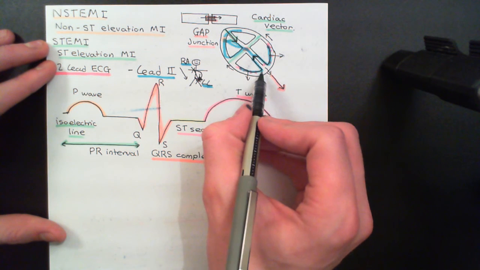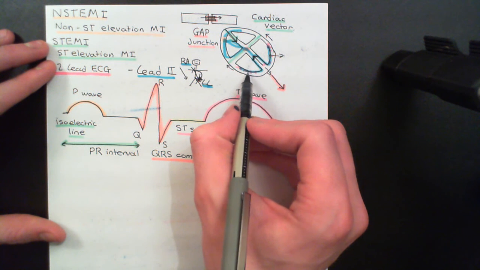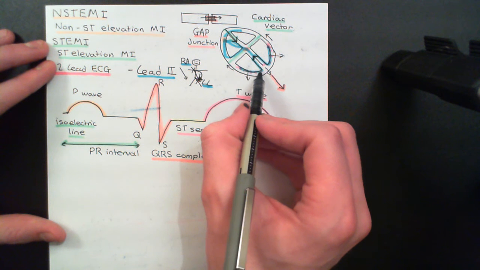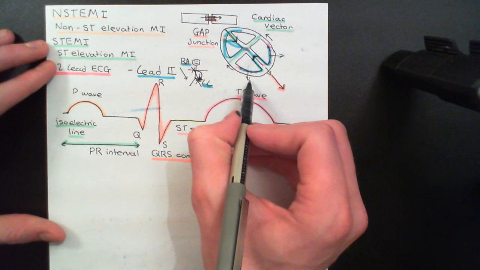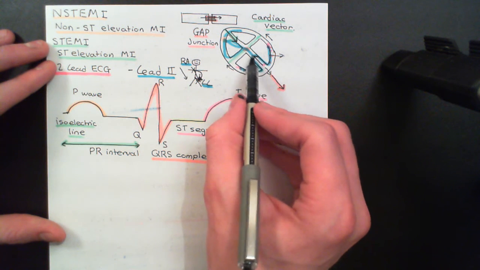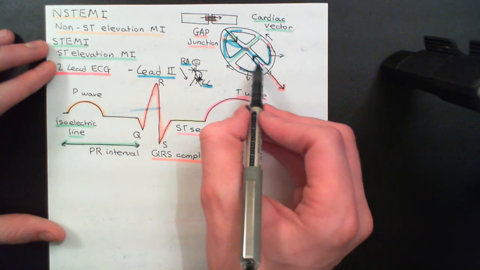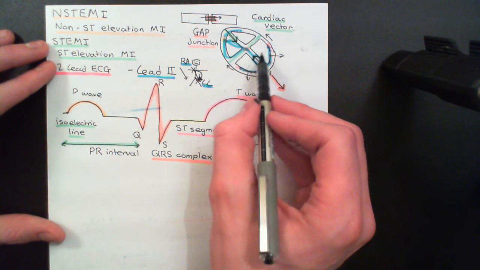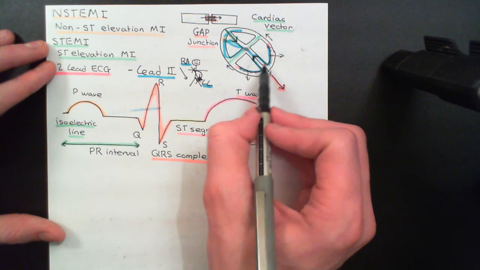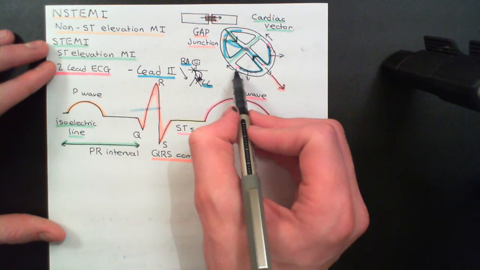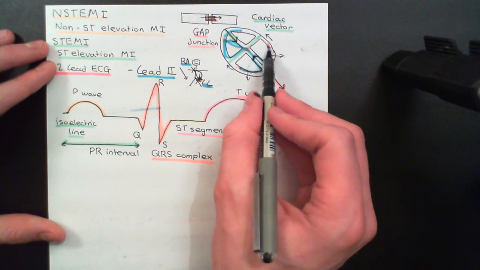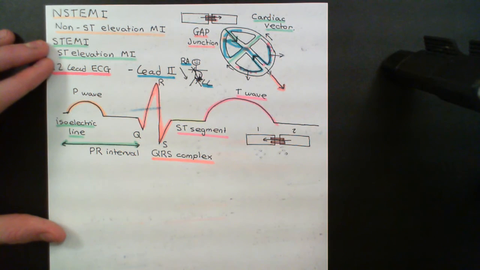Whereas the subepicardial ones depolarized last, because remember the wave of depolarization spread from subendocardial out to subepicardial. And by the way, we're not fussed now about the smaller portions of the ventricle, the interventricular septum and the posterior portions. We're concerning ourselves with the major portions of the ventricle, which is this portion here and this portion here. They're the major ones that are going to contribute to the T wave.